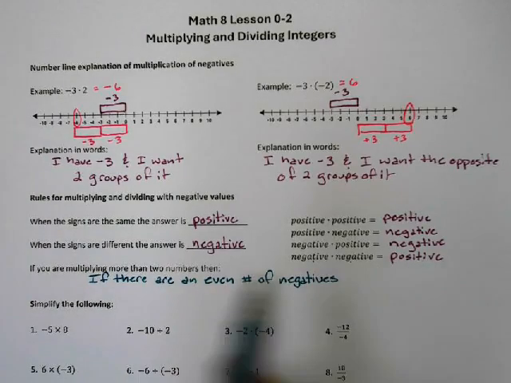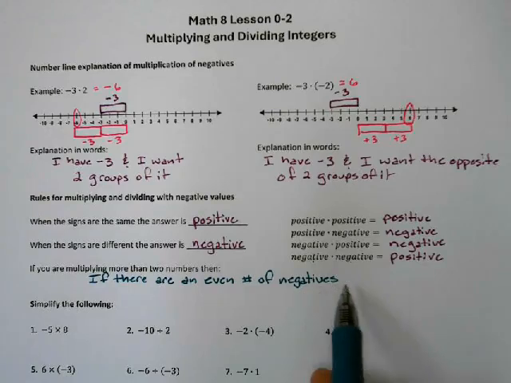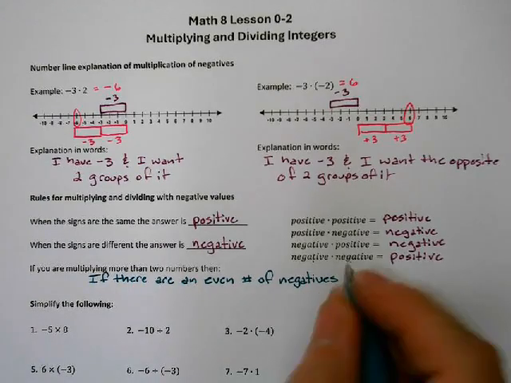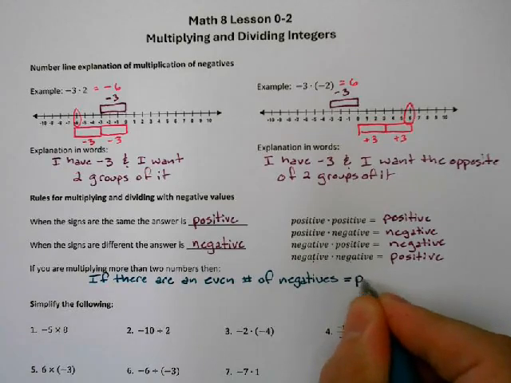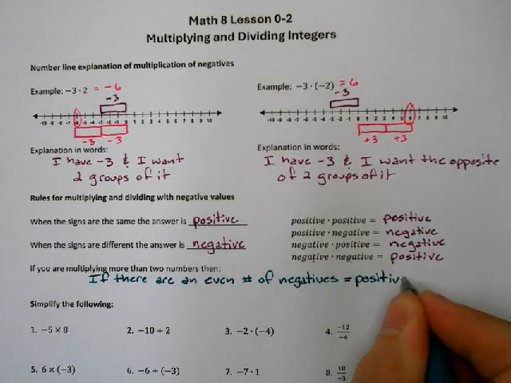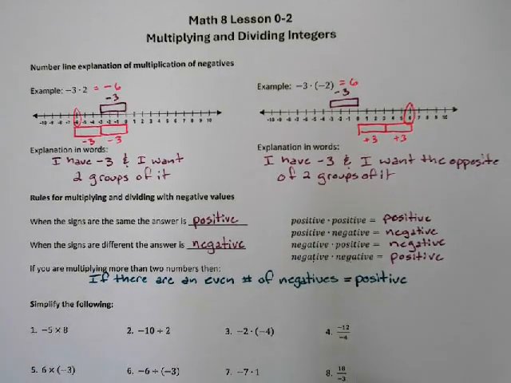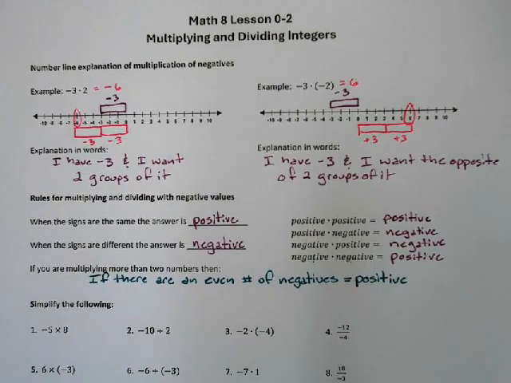So if I got 4 negatives that I'm multiplying, 4 different integers with negatives, that's also going to be positive. If there are an odd number of negatives, so if I'm doing -1 times -2 times -3, there's 3 negatives there. An odd number of negatives is always going to be negative.